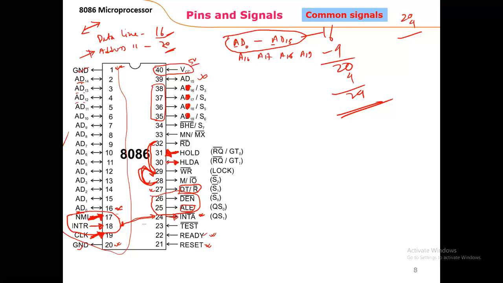Suppose another microcontroller is being used in this computer system, DMA. DMA means direct memory access. This is a microcontroller, and this is how DMA works.